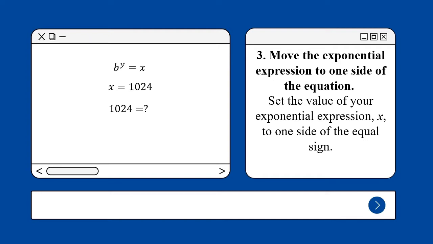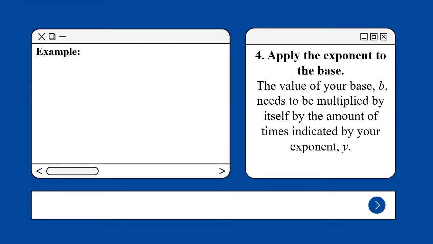And then let's move on with the fourth step. Apply the exponent to the base. So we have b as 4 and y as 5. 4 is our base and y is our exponent, meaning to say we will multiply the base 5 times to itself. So that will be 4 times 4 times 4 times 4 times 4, or we can rewrite this as 4 raised to 5.